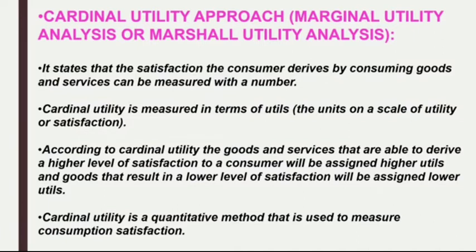According to cardinal utility, goods and services that derive a higher level of satisfaction to the consumer will be assigned higher utils, and goods that result in a lower level of satisfaction will be assigned lower utils. Cardinal utility is a quantitative method that is used to measure consumption satisfaction. So this is all about the cardinal utility approach.